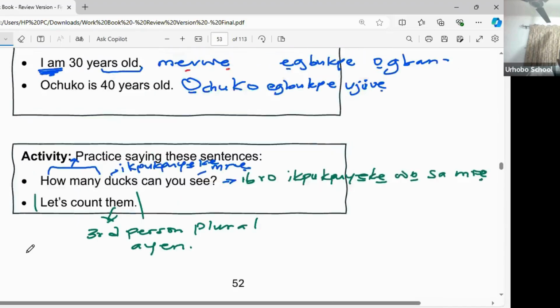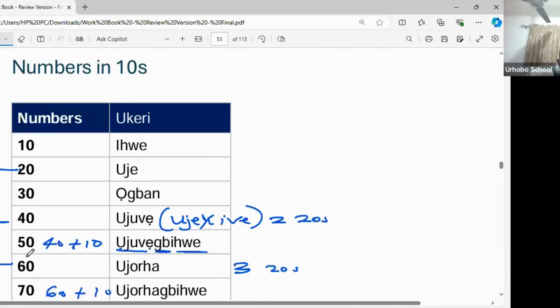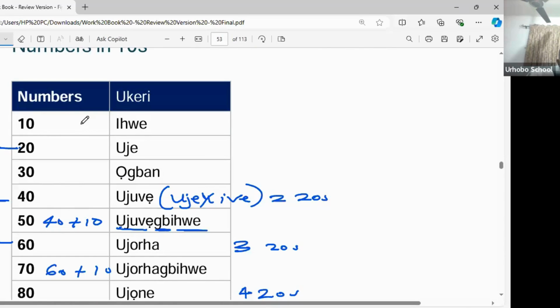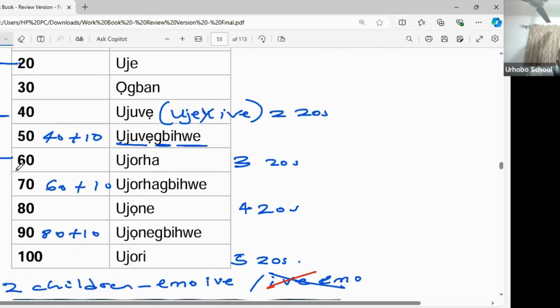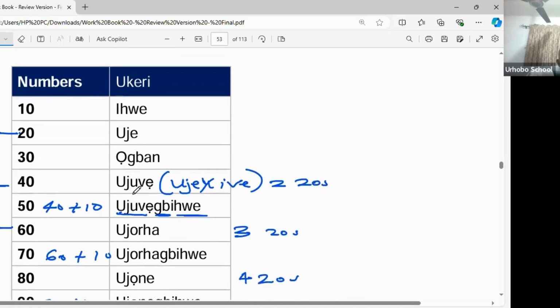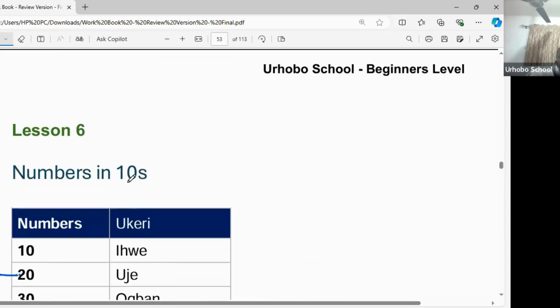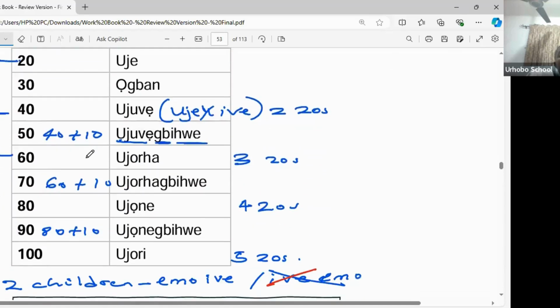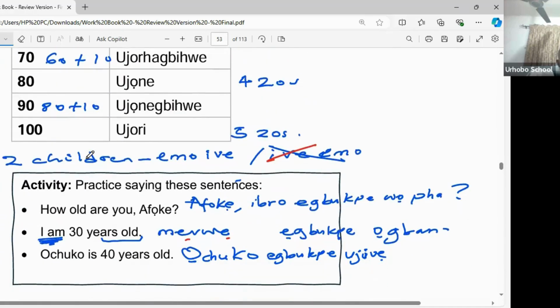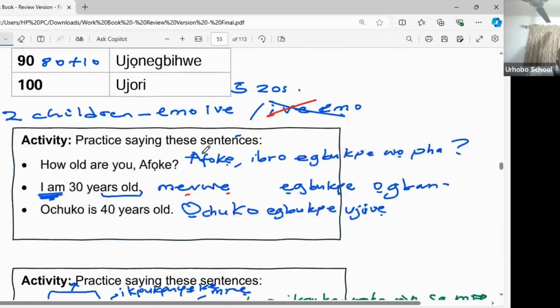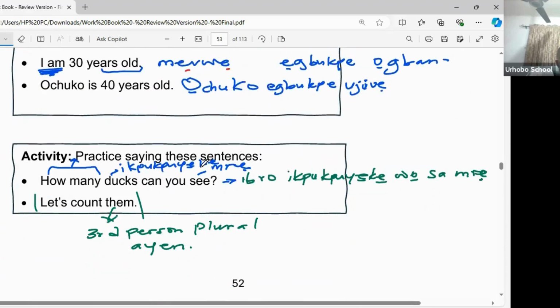Once you can count in tens, then you can know the in-betweens, and Donna has been doing wonderful with the practice.